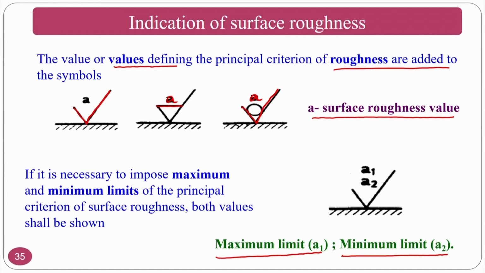In that circumstance, A1 represents 2 micrometers and A2 represents 1 micrometer. These are the minimum and maximum values that you can specify on a particular component's surface roughness symbol, so that the supplier will give you as per your requirement.